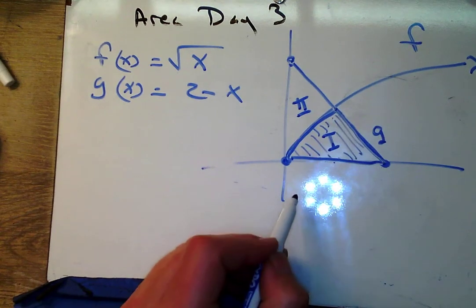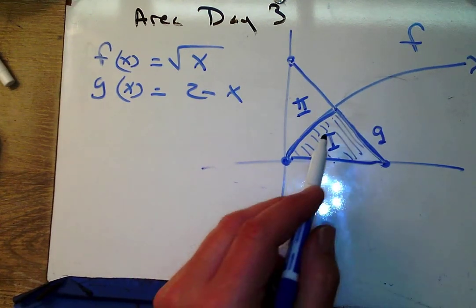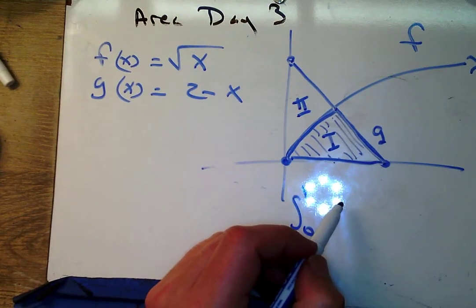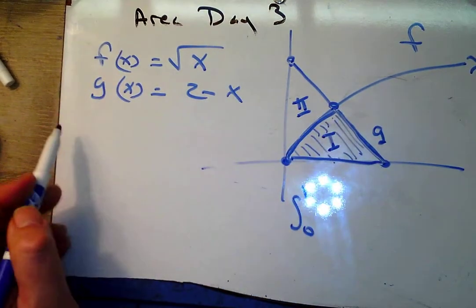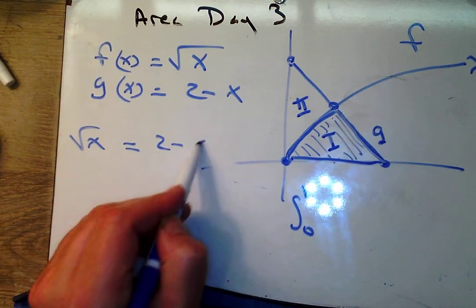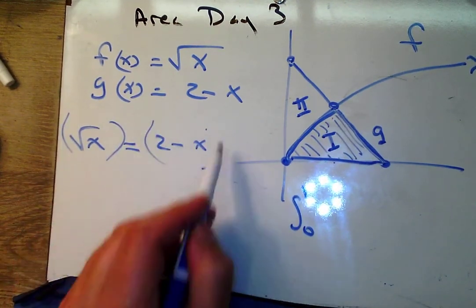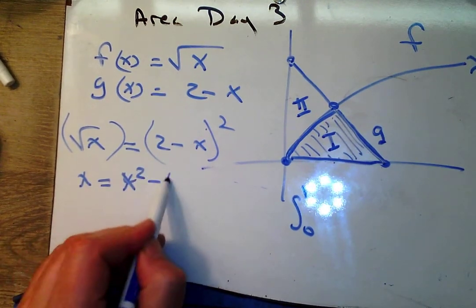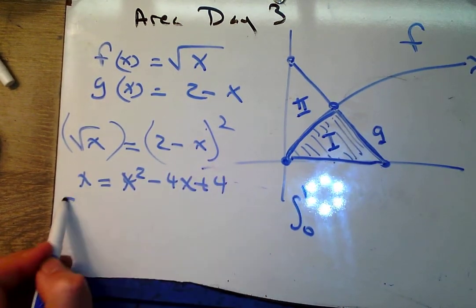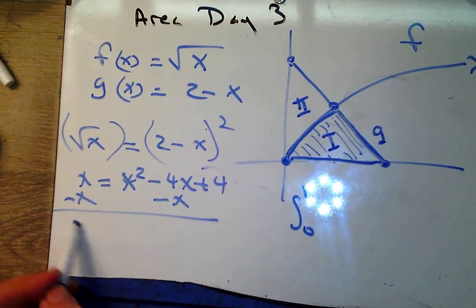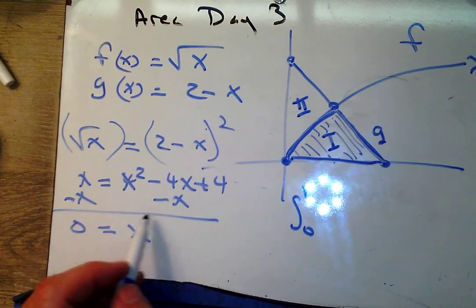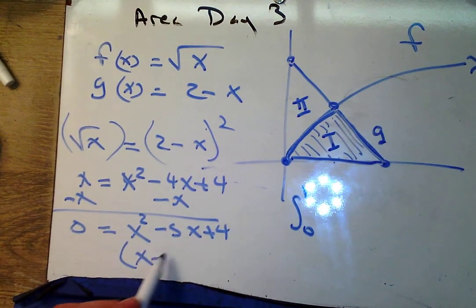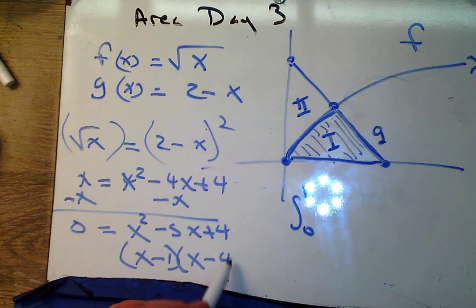So I'm going to have to set this up as the integral from 0 to 1. How do I know that's 1? Well, I could set this equal to that, and then square both sides. Subtract that x. 0 equals x squared minus 5x plus 4, which is x minus 1 and x minus 4.